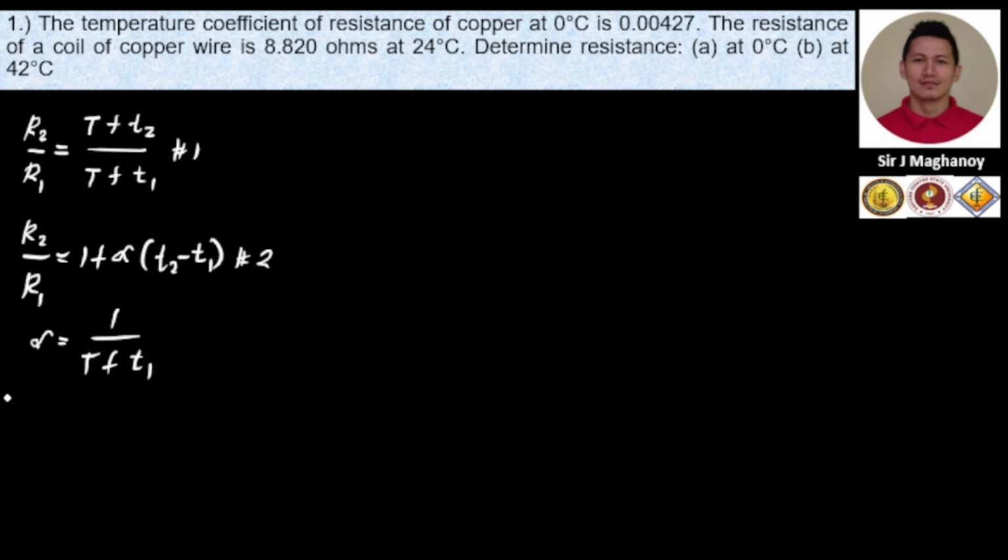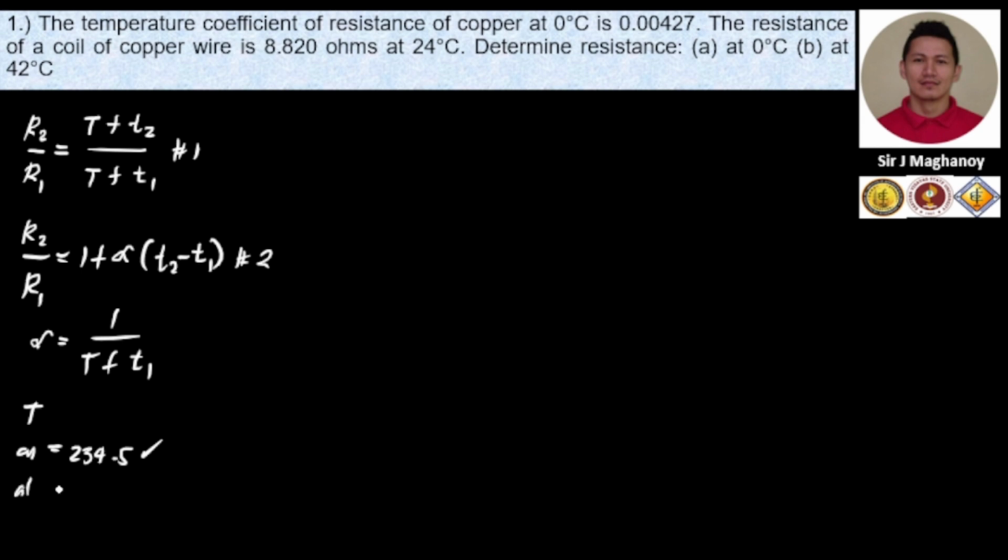Usually the value of our inferred temperature for copper is equal to 234.5. So it's easy to recall in copper, because you only count 234.5. That is your inferred temperature for your copper. We only need to recall 2, the copper and the aluminum, because they are the basic type of composition of wire.